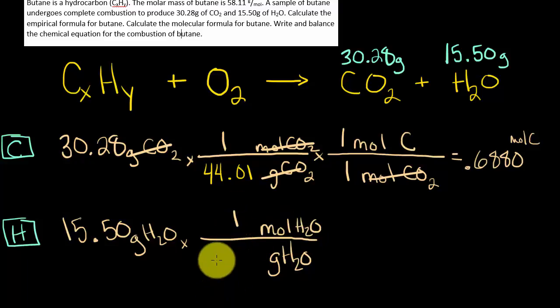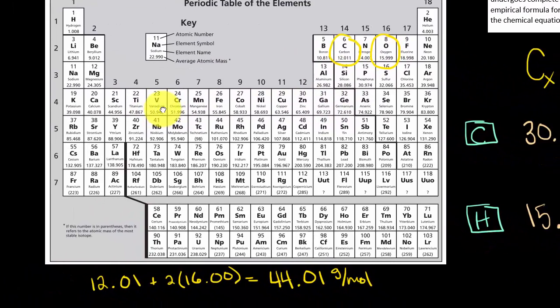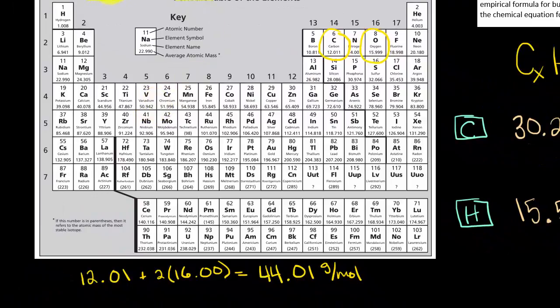In 1 mole of water, there is a certain number of grams. So we are going to have to go back over to our periodic table and use it to calculate. So let's get rid of our previous work here. We've got what we need for CO2.